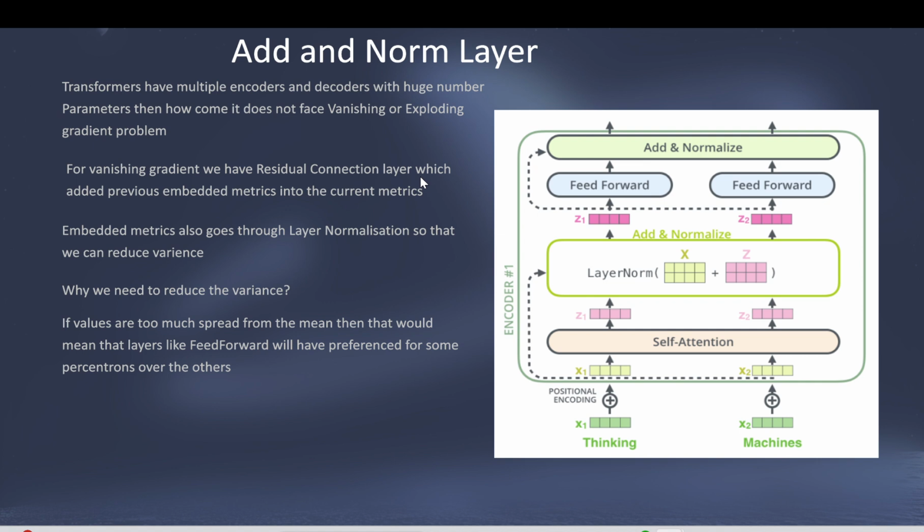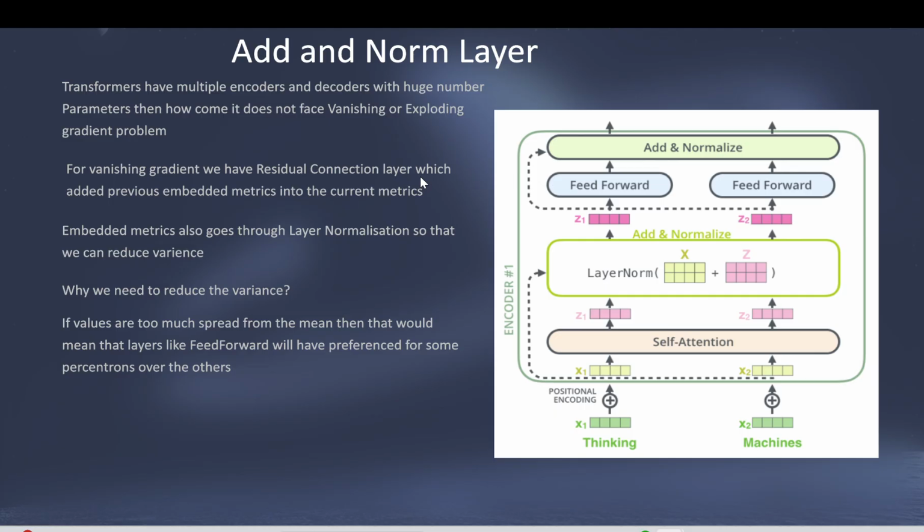Because we have multiple parameters and too many layers, the vanishing and exploding gradient problem will be obvious there. To avoid that, we add the previous embeddings into the current embedding, and this will go on till the end so that it won't forget the initial thing.